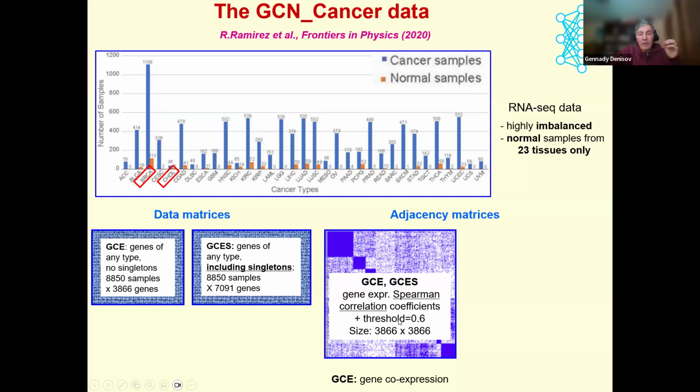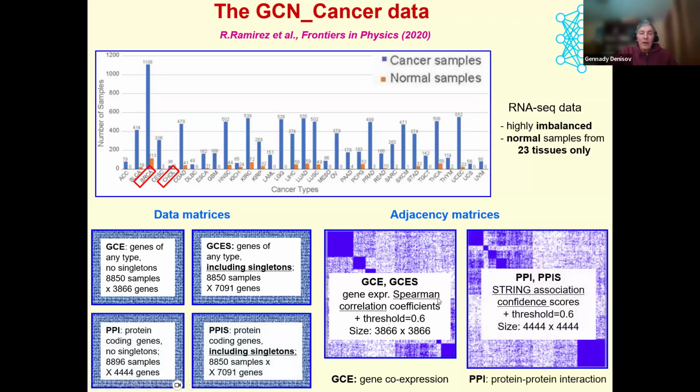Then we applied a fixed threshold of 0.6 to produce the adjacency matrix from this weight matrix. If the weight was more than 0.6, the corresponding element in the adjacency matrix was set to 1. If the weight was below 0.6, the value was set to 0. That's about gene co-expression data.